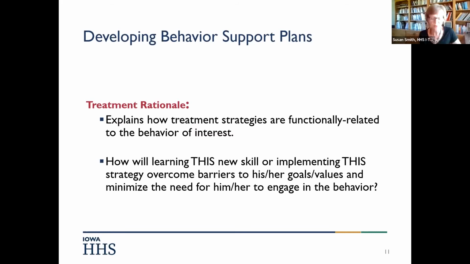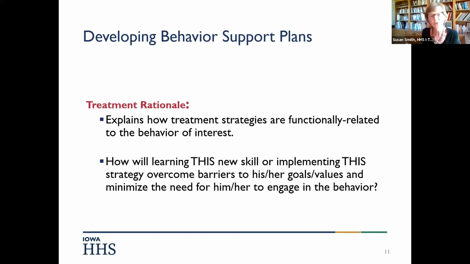Okay, so treatment rationale. I want to say not everybody's going to use this, so it might be optional. I don't always put it in my BSP, but I kind of mentally do it myself. What it is, it helps explain how the treatment strategies are function related to the behavior. Unfortunately, sometimes I'll see somebody has a behavior of concern that's elopement, but when I look at what new skills they're being taught, it's to brush their teeth twice a day, or to clean their room, or to balance their checkbook.